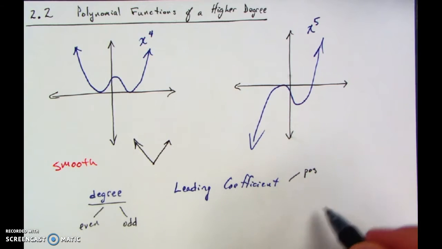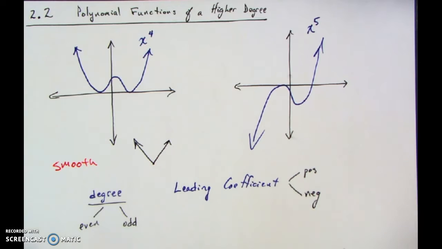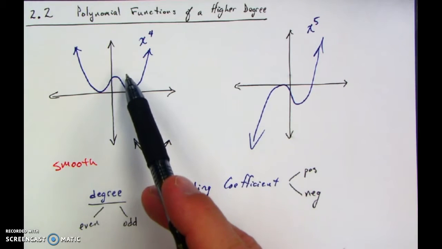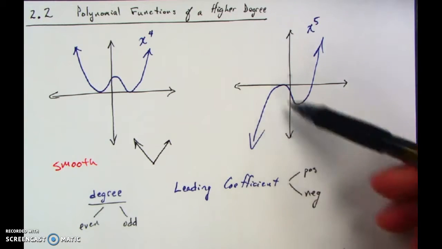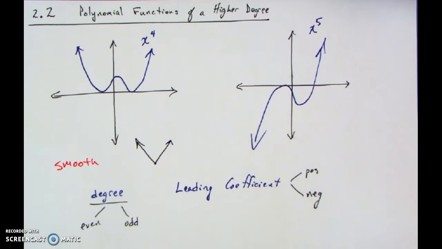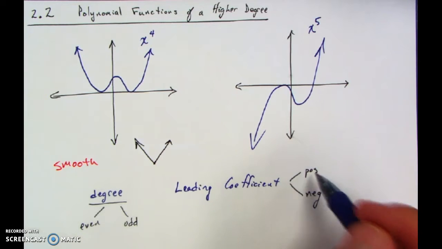And for that leading coefficient, we're looking at is it positive or is it negative? All right, so both examples up here, we have an even degree opening upwards, an odd degree coming this direction. That was even and odd, both positive.